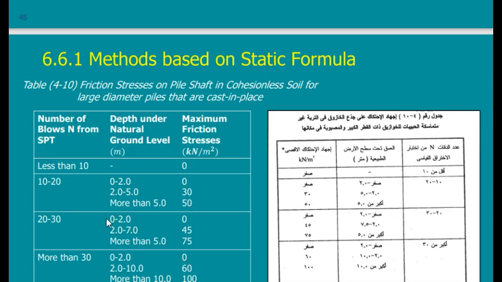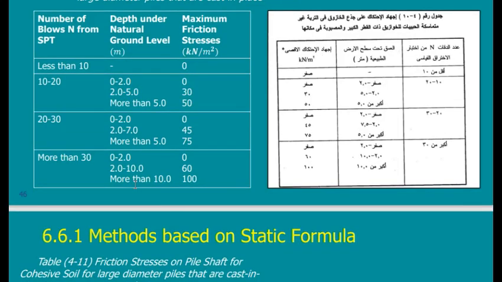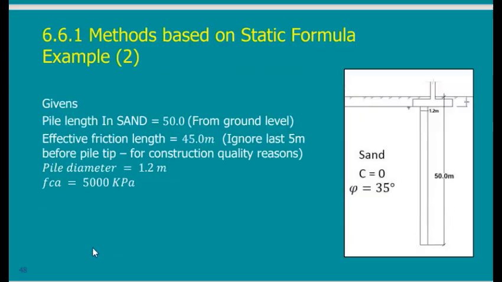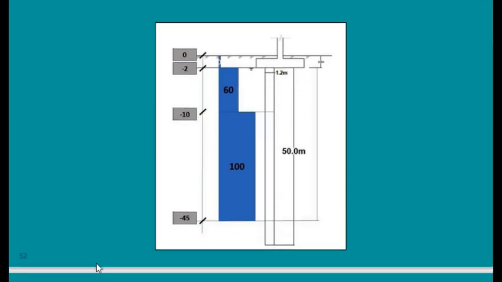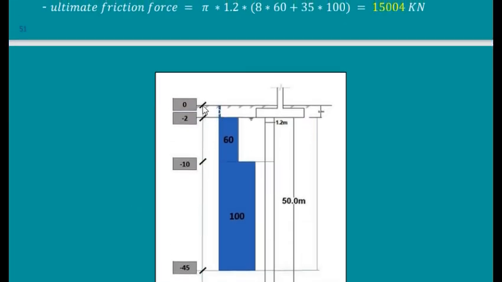It says that from 0 to 2 it is 0, from 2 to 10 it is another value, and from 10 and more it is another value. So from depth 0 to 2 it was 0. We are not considering the skin friction there, even if the pile was starting from the ground surface. I'm ignoring the first 2 meters.